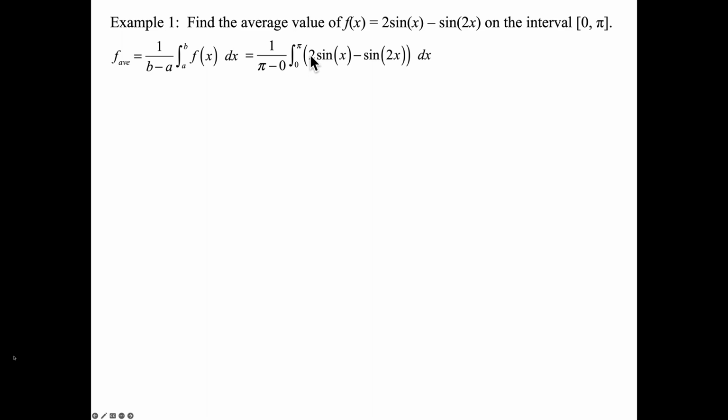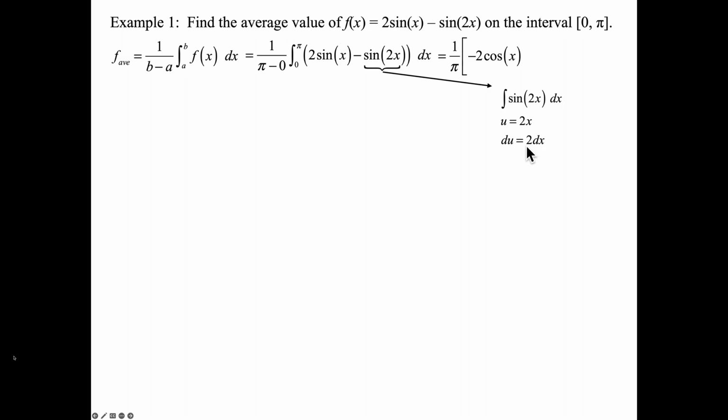Now, if we integrate 2 sine of x, remember when you integrate sine of x, that's a negative cosine, so that'll be negative 2 cosine of x, minus, here we have sine of 2x. You have a function inside of a function. So if I use u substitution here, looking at just this part, let u be 2x, and take the derivative of both sides. du equals 2 times dx.